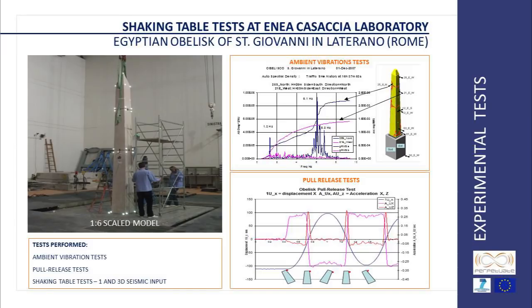A scaled model of the Lateranense obelisk has been tested at the ENEA Casaccia laboratory in Rome after a detailed in situ campaign of survey and ambient vibration tests. The obelisk is made of 3 blocks, connected only by pin joints which allow rotation but prevent sliding.